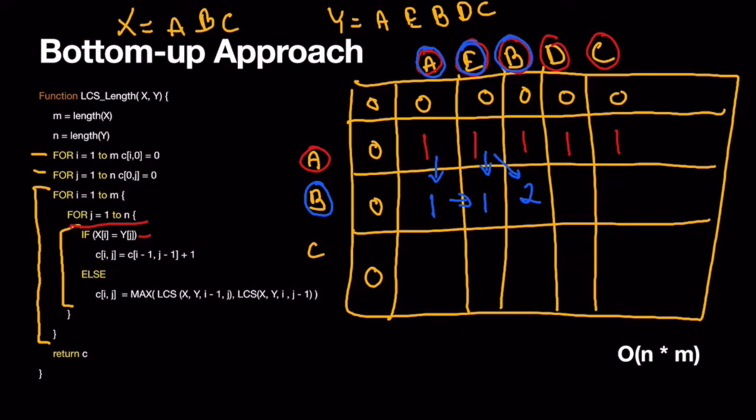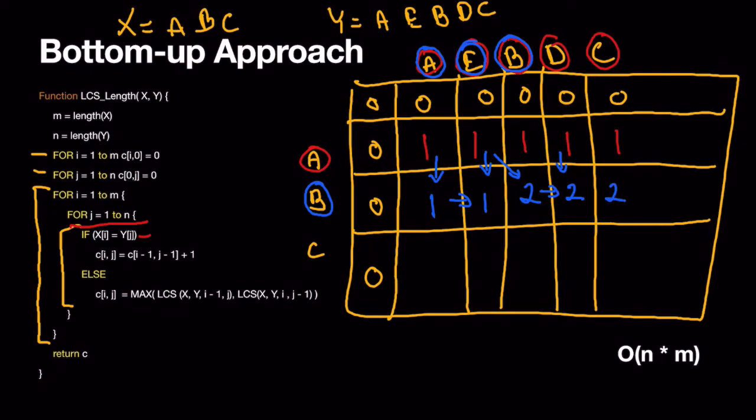We're currently at 2 comma 4. So 1 comma 4 is 1. And 2 comma 3 we just computed is 2. Max value between those is 2, etc.